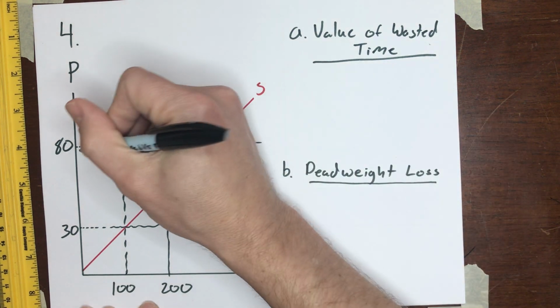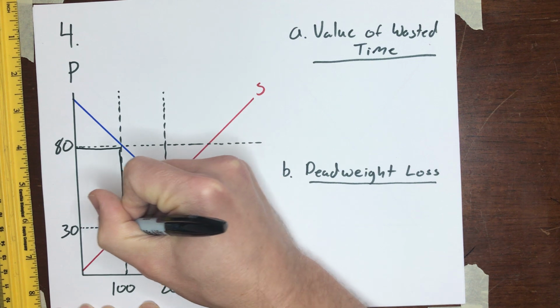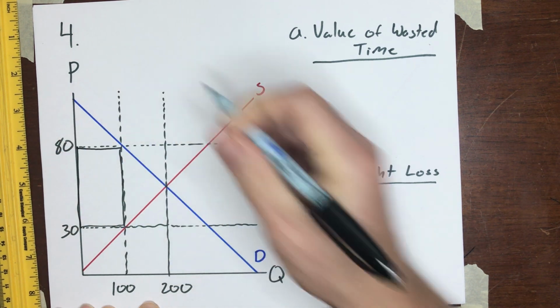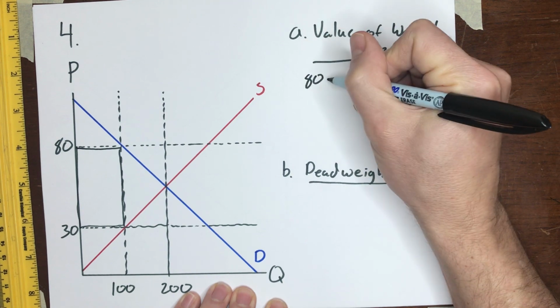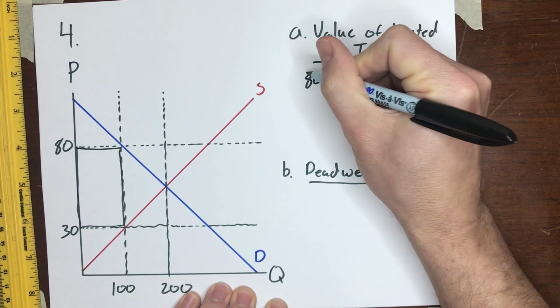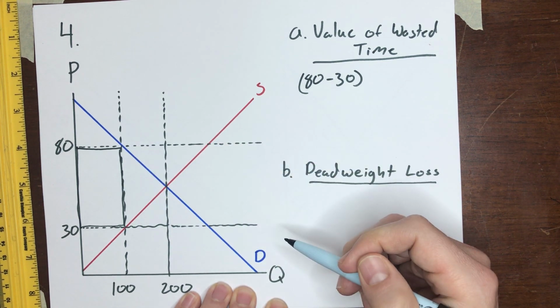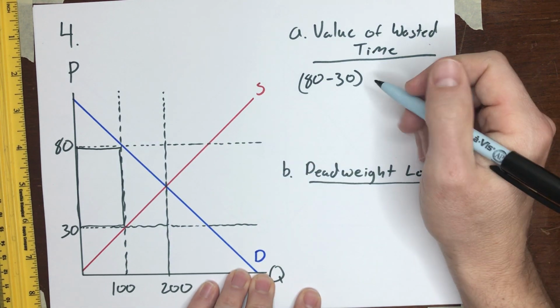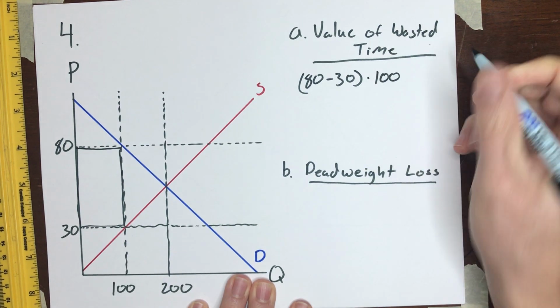And so the value of wasted time is going to be the area of this rectangle right here. The height of that rectangle is 80 minus 30. It's the difference between willingness to pay and the price that the sellers can charge. And the length of this rectangle is 100 units.